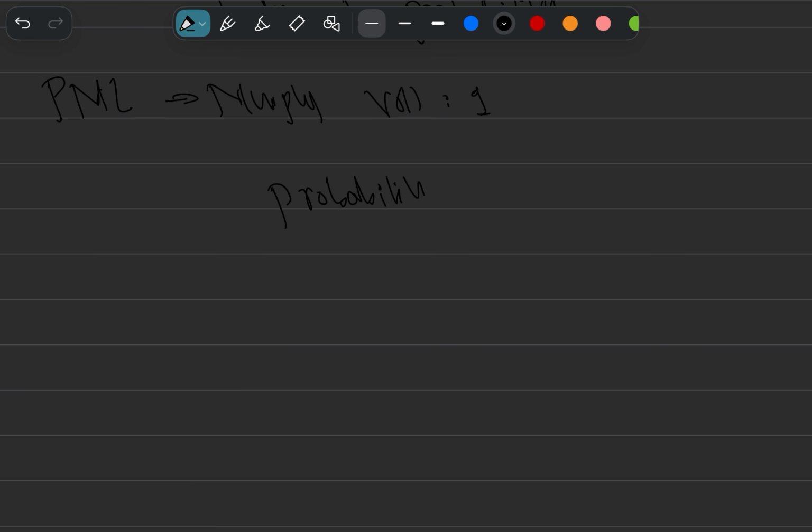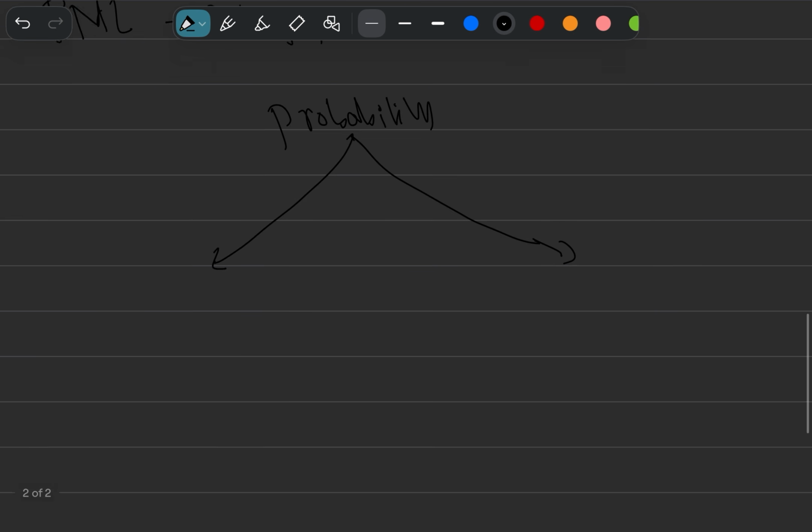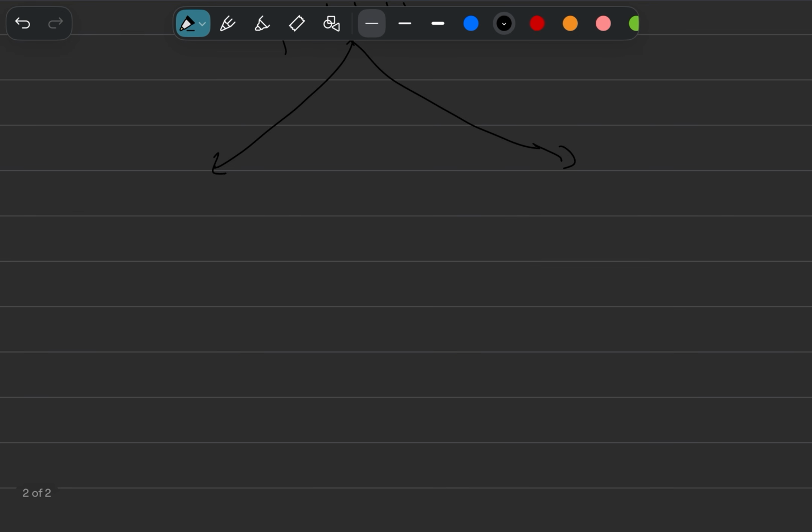For example, if I toss a coin, you guys know that we have a 50% probability of getting a head and 50% probability of getting a tail. So we do know about probabilities, but the question is how do we interpret it, right? Mainly there are two interpretations.